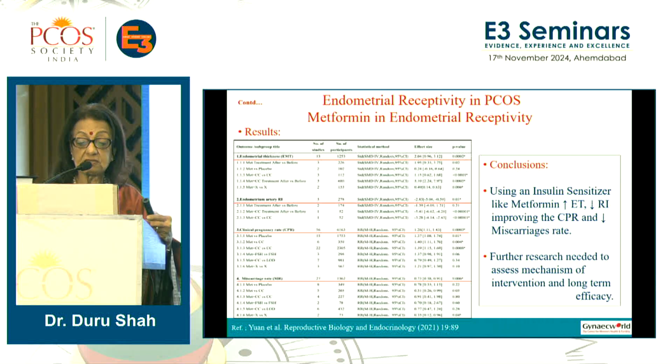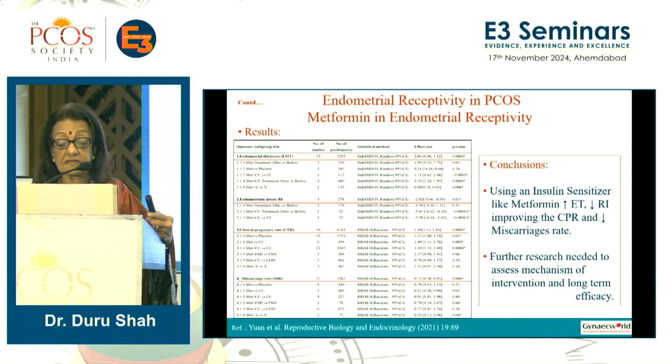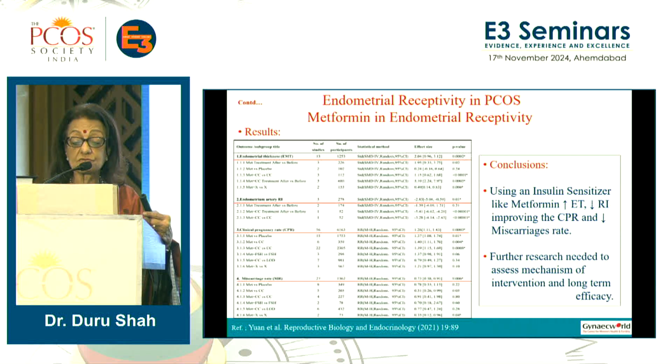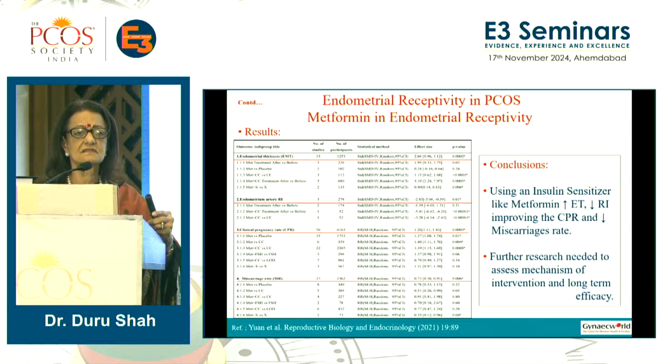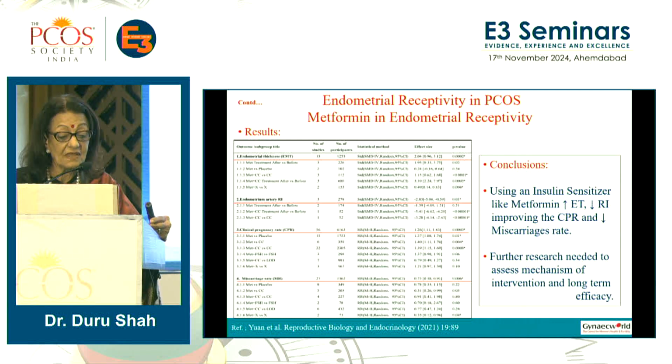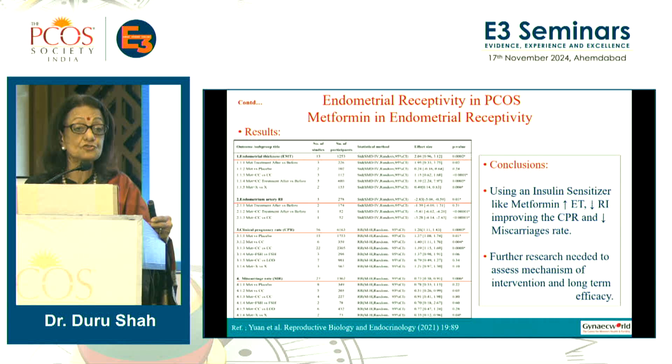Clinical pregnancy rate is definitely increasing, 0.000 something 1. Then the miscarriage rate again 0.006. It's not very clear, is it? It's a little hazy, I feel. Anyway, this is what it's trying to show, that statistical significance is present with the use of metformin in assessing the endometrial receptivity.